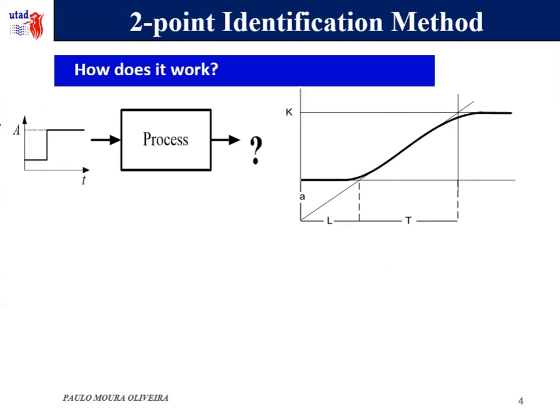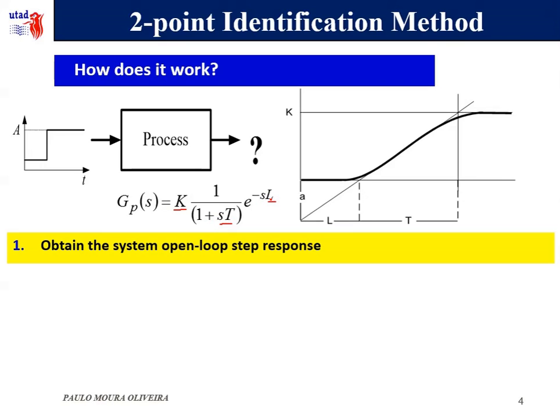We apply a step in open loop to the manipulated variable of the process, and we observe the system output, which, if the system is stable and does not have oscillatory poles, has a sigmoidal or S shape. From this shape we can extract the three constants of a first order plus time delay model: K, T, and L. DC gain, time constant, and time delay.